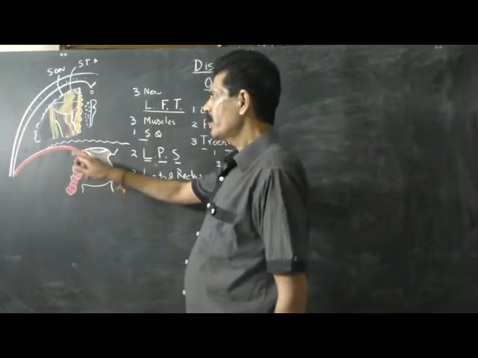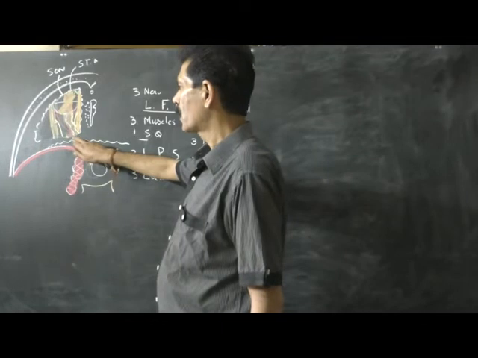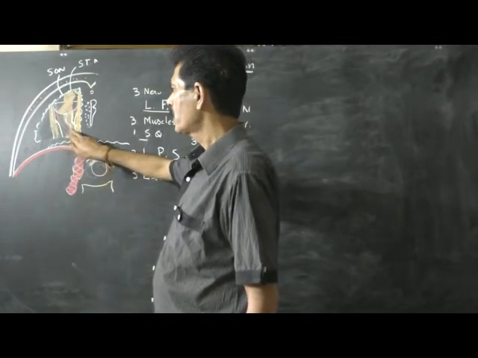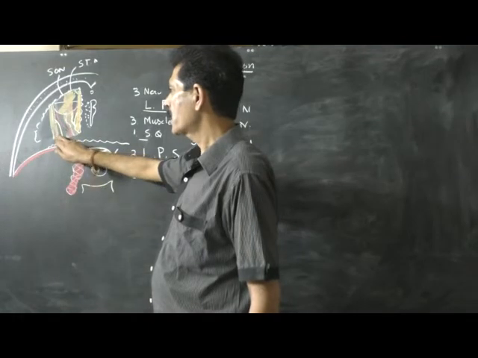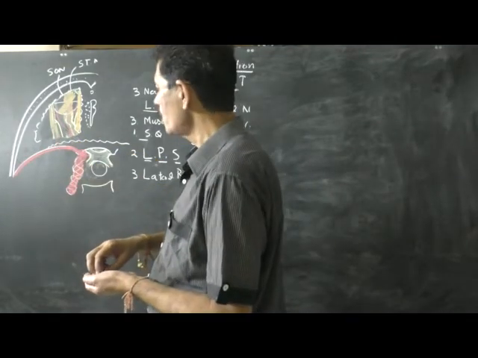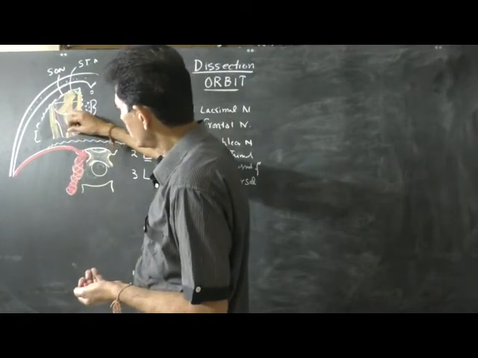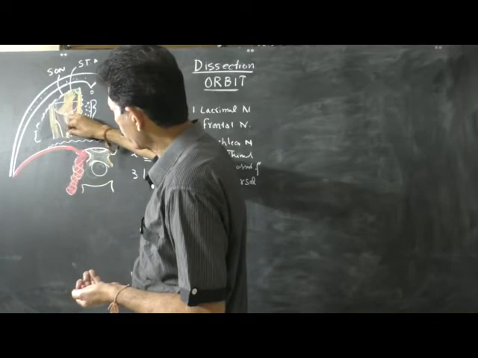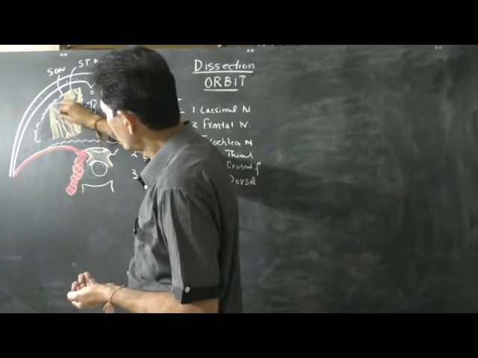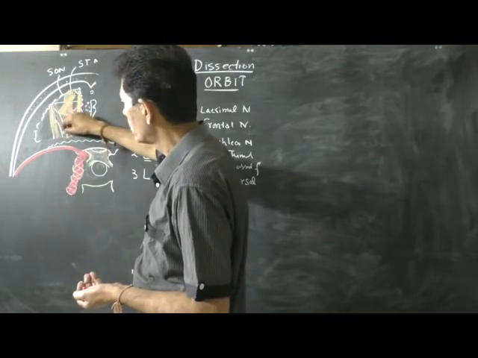Another important thing we see near the apex of the orbit, between the optic nerve and the lateral rectus muscle, is a very minute ganglion hanging from a branch of the oculomotor nerve, which is going to supply the inferior oblique muscle.